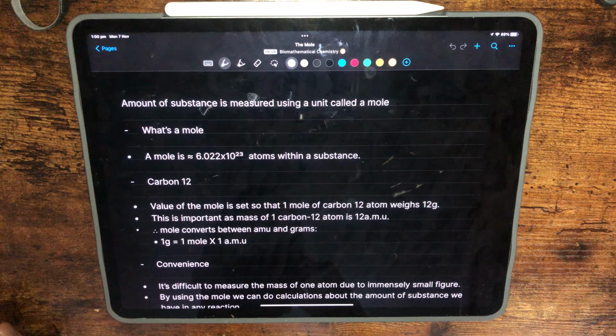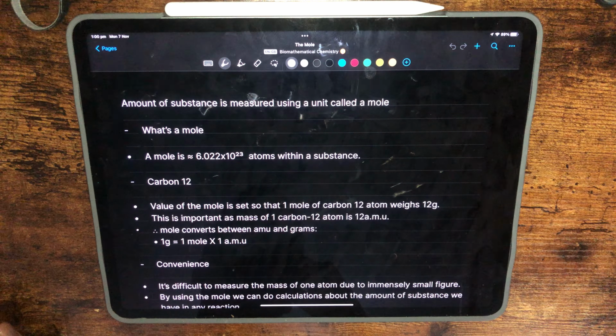If I have 1 mole of water, there is Avogadro's number of water molecules. Therefore, there are 6.022 times 10 to the power 23 water molecules in that 1 mole.